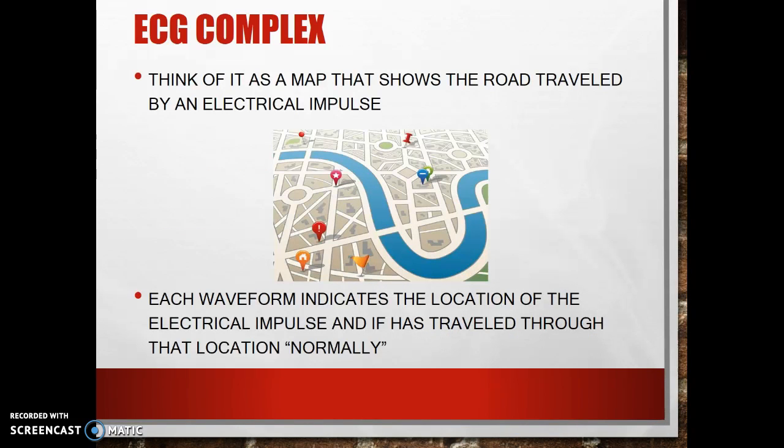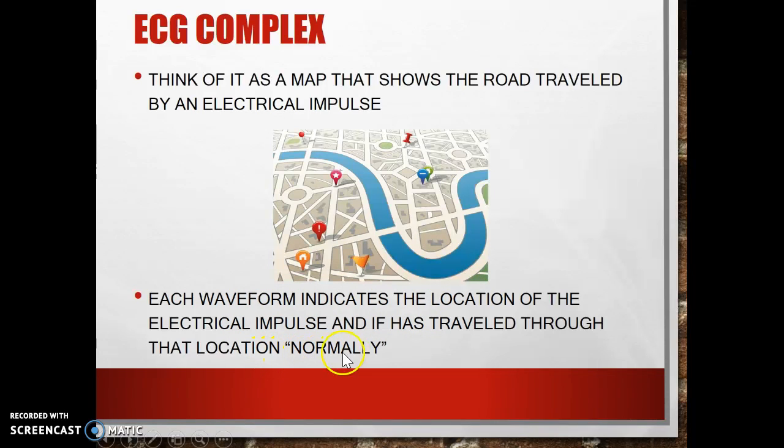When I was talking about it showing things, what I'm talking about is the ECG complex. I want you to think of it like a road map. It shows the road that the impulse travels, as the road travels through a map. It's going to go in a particular way, and this waveform indicates the location of the electrical impulse as it travels through the heart.